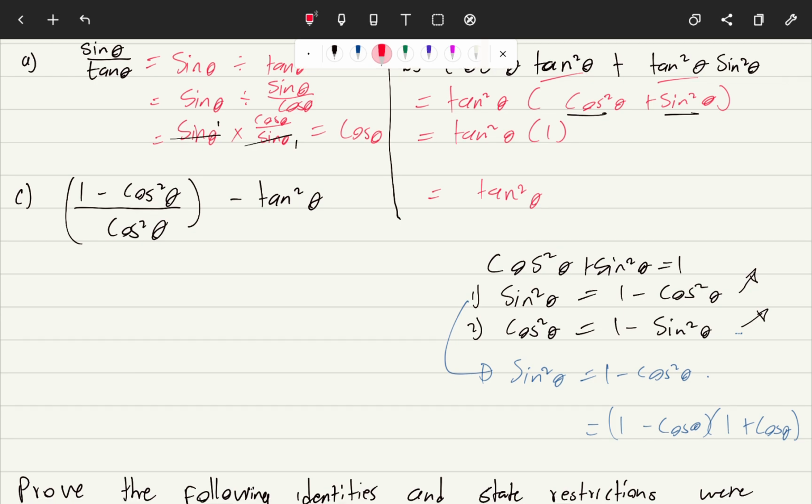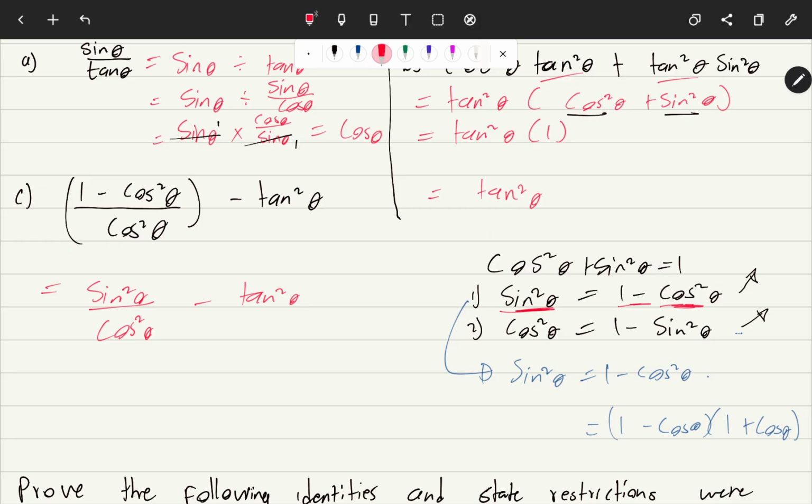Sorry for that. So we have 1 minus cos²θ. 1 minus cos² equals sin²θ. So sin² divided by cos² minus tan².